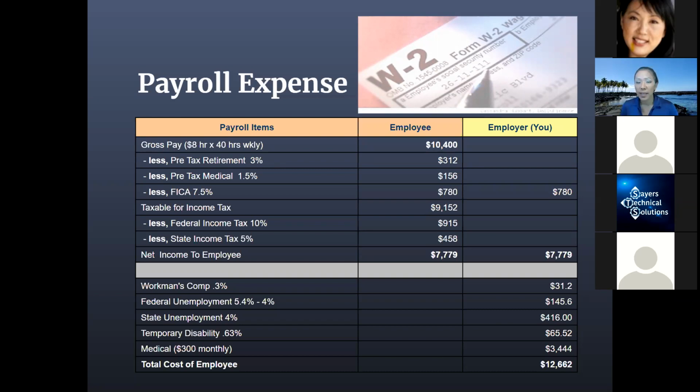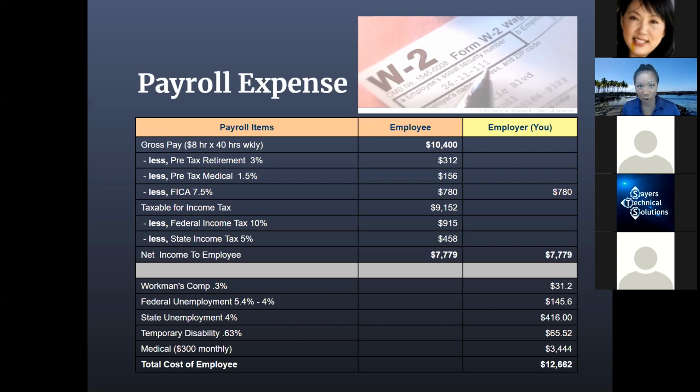So FICA is Social Security and Medicare. And when we were talking about SE tax, it's really the same thing. So you see here how I have FICA is 7.5%. When we're talking employees, we call it Social Security and Medicare. When we're talking about you being self-employed and filing your income taxes, that's when we call it SE tax.